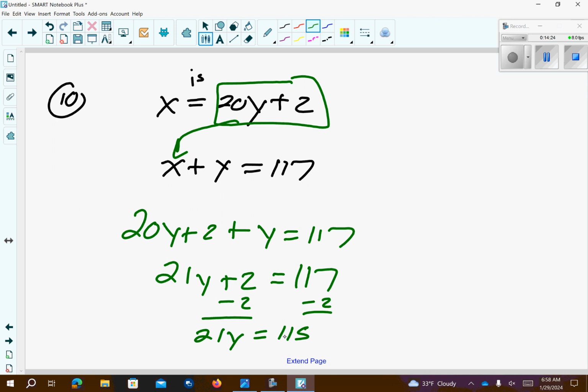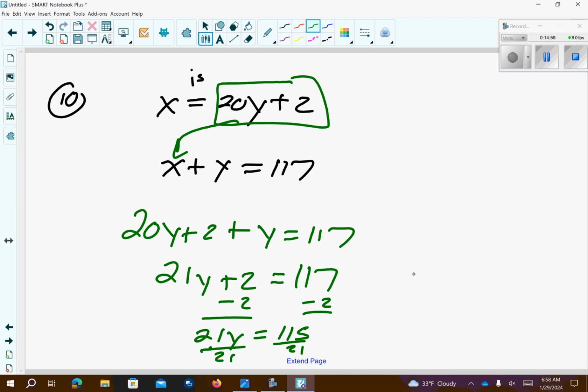We're going to get 115 divided by 21. And my calculator stopped working. Grab another calculator. So divide both sides by 21. So on your calculator, 115 divided by 21.